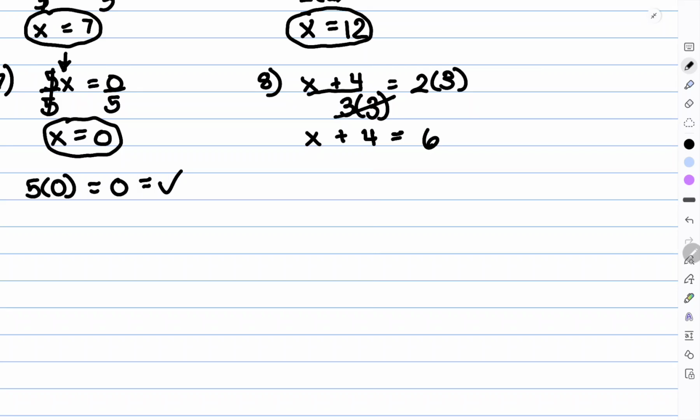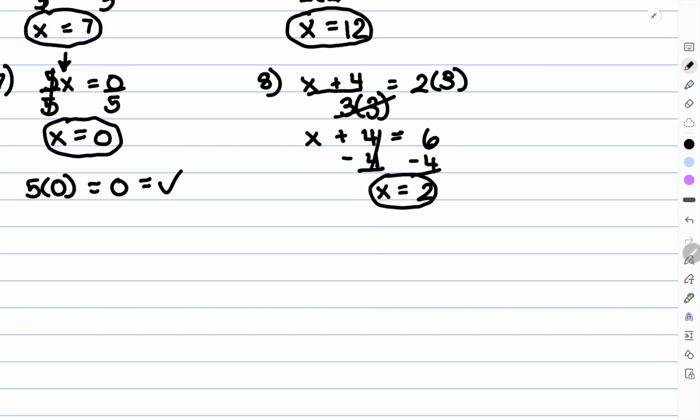Now, we didn't copy down this bar that separates the dividing sign because the 3 already canceled out here. It already canceled out, remember? That's why we left x plus 4. So now we do a subtraction because we're doing the opposite of addition. 4 minus 4 is 0. 6 minus 4 is 2. So x equals 2.